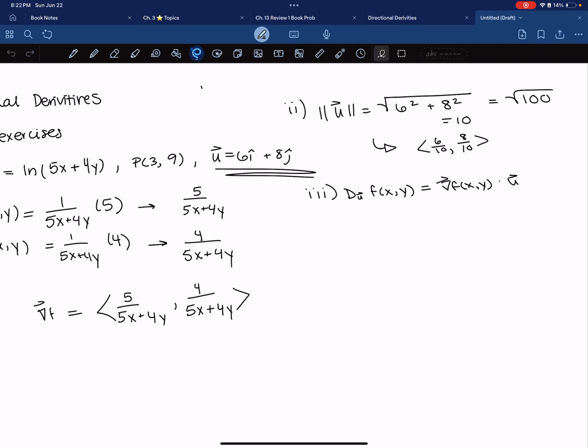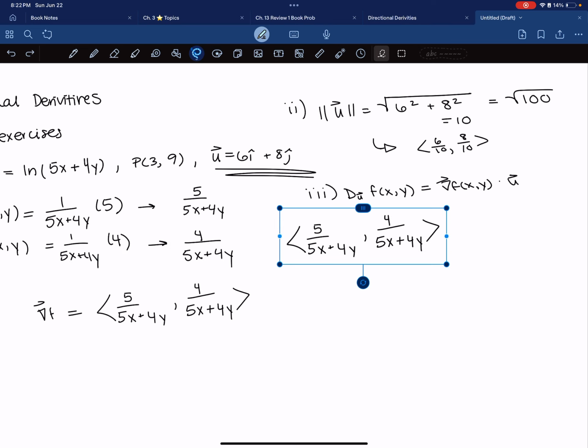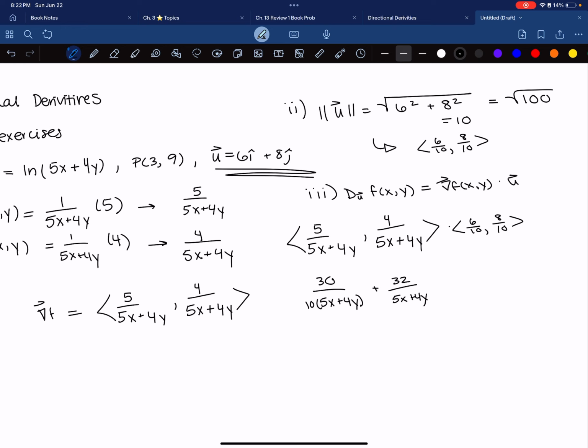Because I'm lazy, I'm going to copy this here and copy this here, and we're going to take the dot product of these two, and we're going to get 30 over 10 times 5x plus 4y plus 32 over 5x plus 4y times 10.